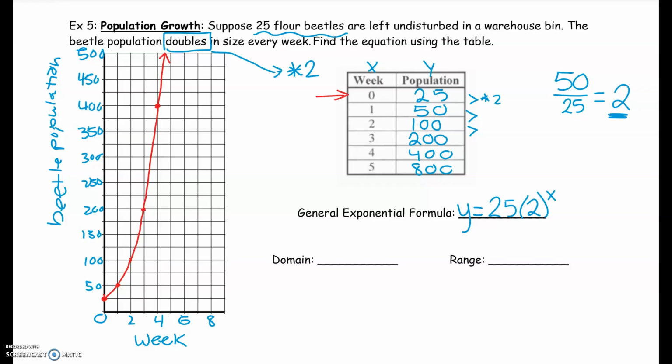So from there we can talk about the domain. Remember, these are our x's from smallest to biggest. Because there's no arrow on the left, we have a bracket from 0 to infinity because of the arrow on the right-hand side. The range is our y's, so 25 is the lowest y value that we have, and the biggest is going to go up forever.